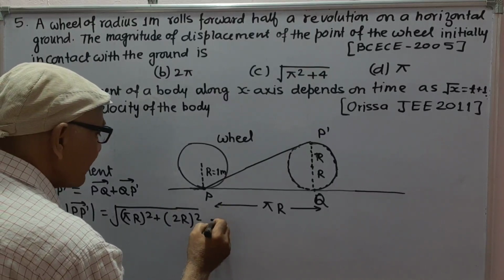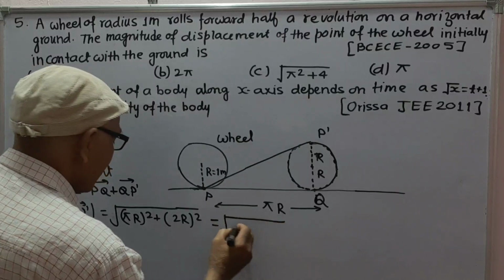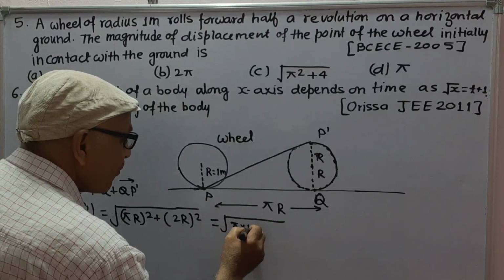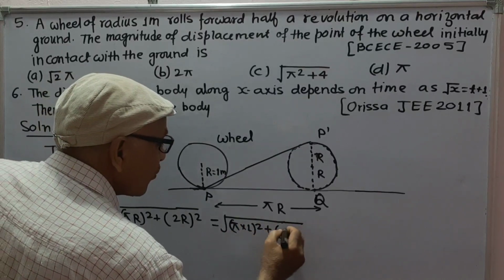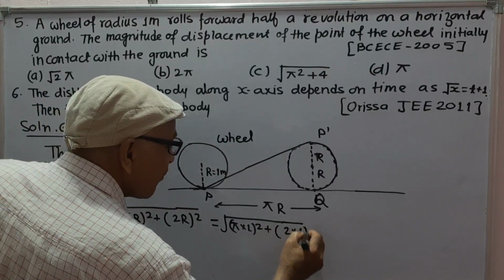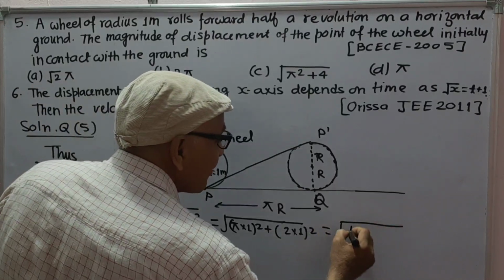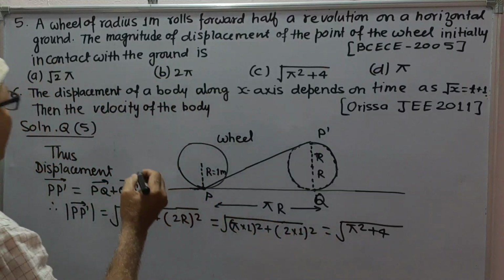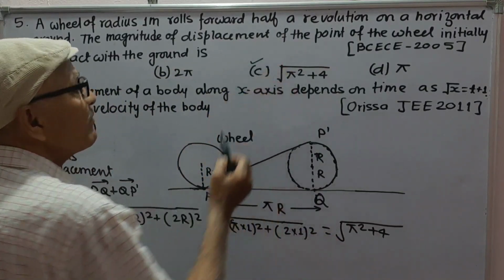Values are known for r, so it is pi into 1 square plus 2 into 1 square, which gives under root pi square plus 4. So the correct option will be C.